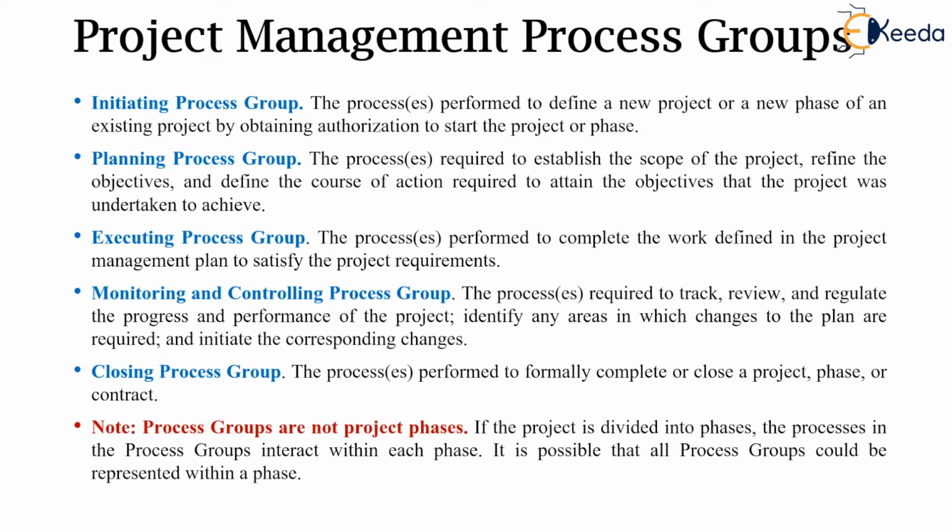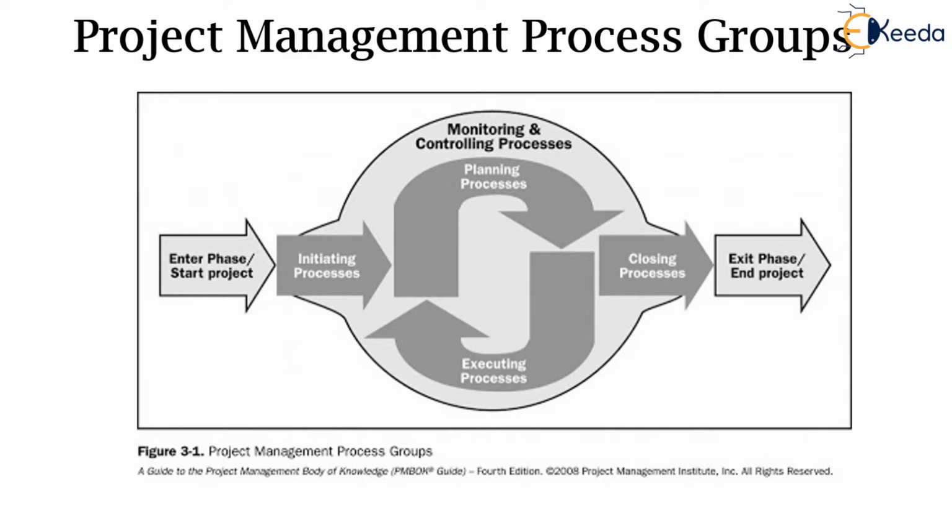Hence, it is possible that all process groups are represented within a single phase. However, each phase in a project is unique and distinct. This concept can be well explained through the project management process group interaction diagram.